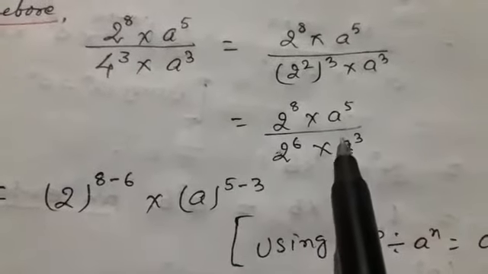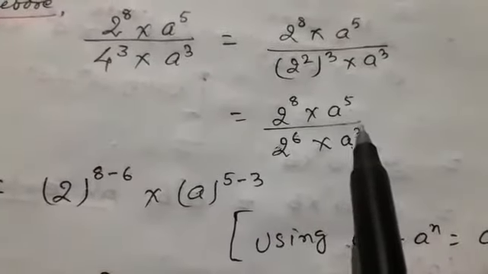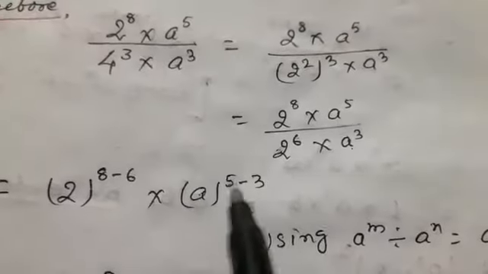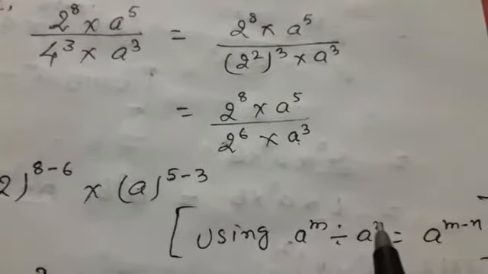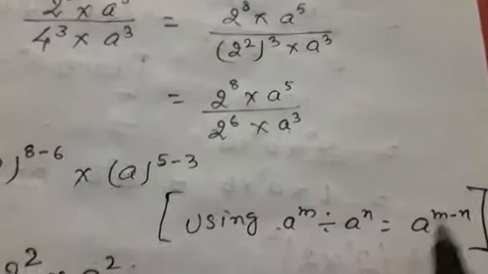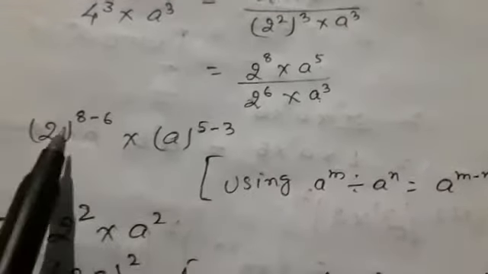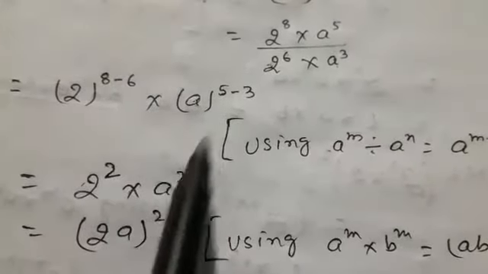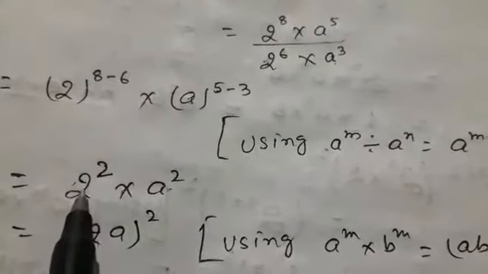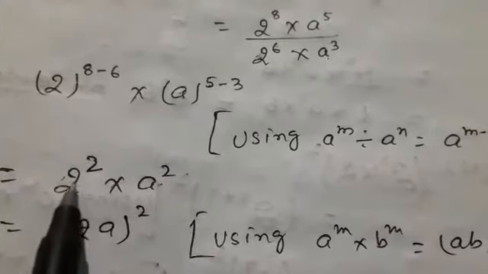Here a is taken as common and powers are subtracted, so 5 minus 3 is written here, using a to the power m divided by a to the power n is equal to a to the power m minus n, which is equal to 2 to the power 2 multiply a to the power 2, or simply 2 square multiply a square.